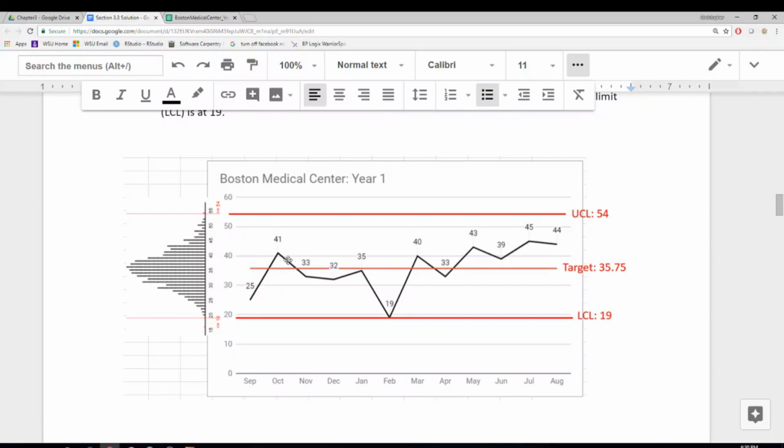So if this trend, which is the number of elective surgeries throughout the year, tends to stay between my lower and upper control limits here, then we say that the process is in control. And if it starts to deviate outside of these bands, then we would say that the process is out of control. Now it looks like it gets pretty close to being out of control here with 19. In fact, 19 is right there on the edge of whether or not we're in or out of control.